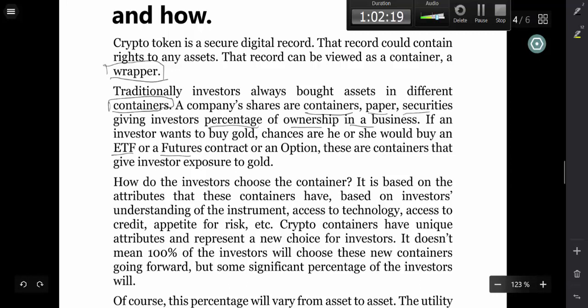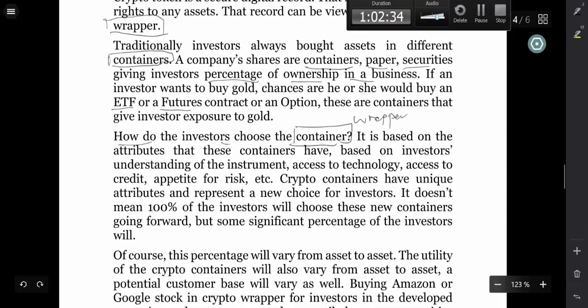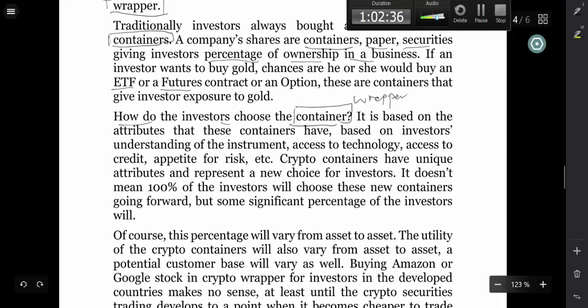These are just different avenues. Now, how do investors actually choose the so-called container or the wrapper? It is based on what they understand about the platform and the technology. Do they like trading futures? Do they like trading stocks?